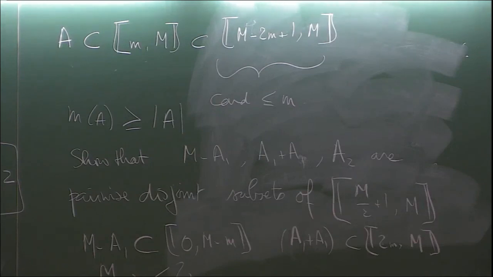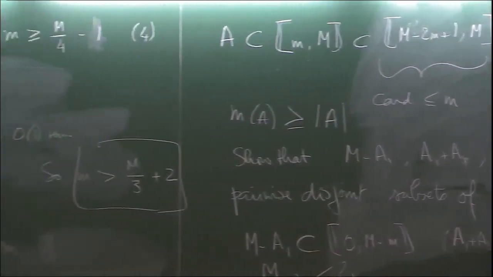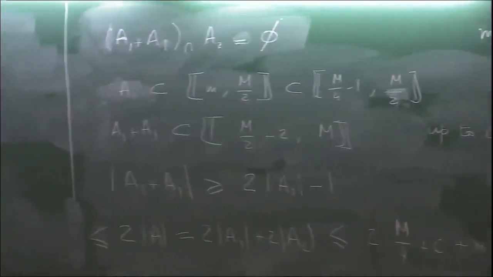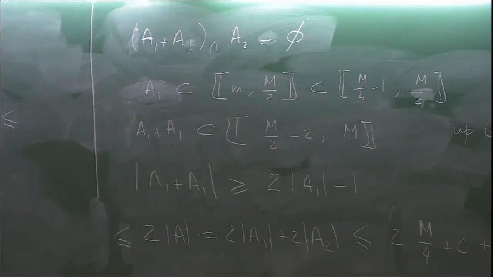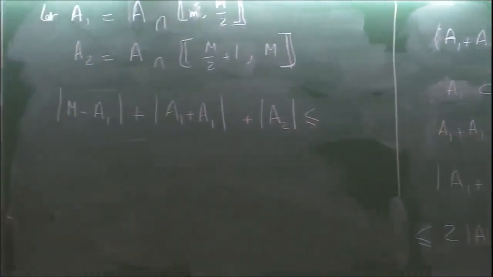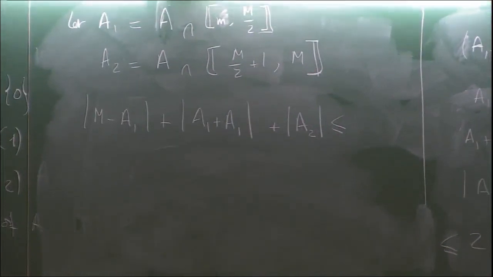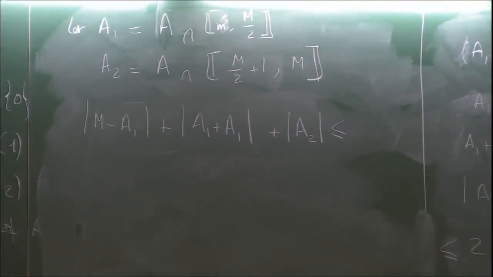Let me do it here. Since they are pairwise disjoint, we have the following, that the cardinality of M minus A1, plus A1 plus A1, plus A2, well, they are all in this interval with at most m elements.